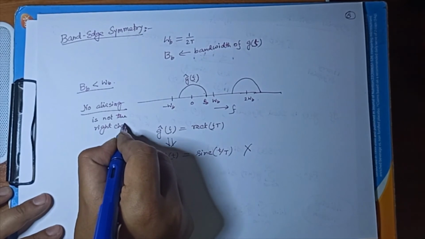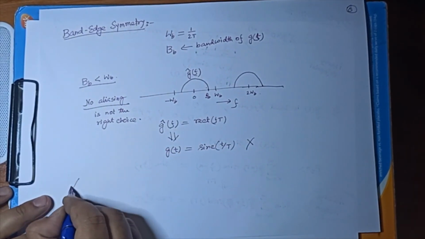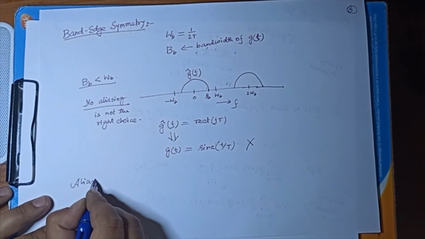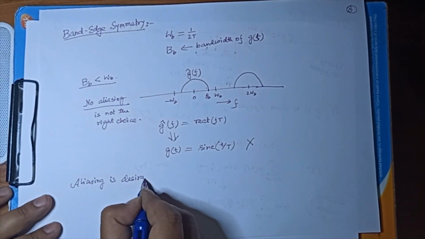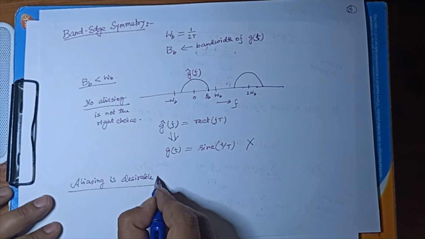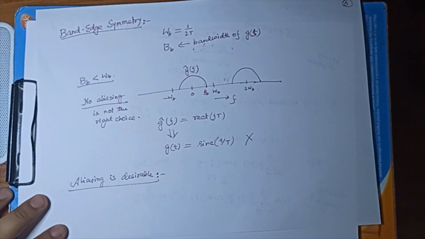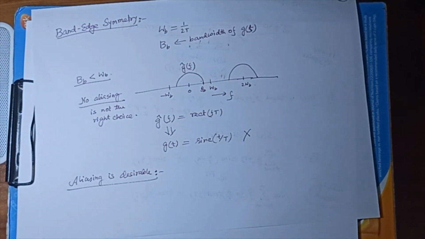We will take help of aliasing. So aliasing is desirable. This is a nice question: give me one situation where aliasing is desirable. You want aliasing. So we will take aliasing.